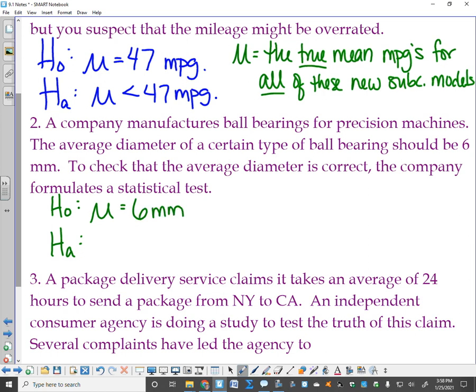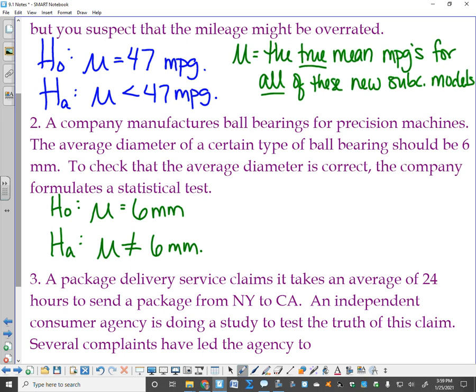Now the alternate. We're not claiming that they're too big. We're not claiming that they're too small. I just want to know if that's right or not. Well, then your alternate is that it's not 6 millimeters. I'm not claiming that it's bigger or that it's smaller.